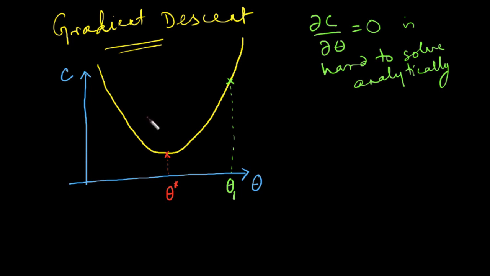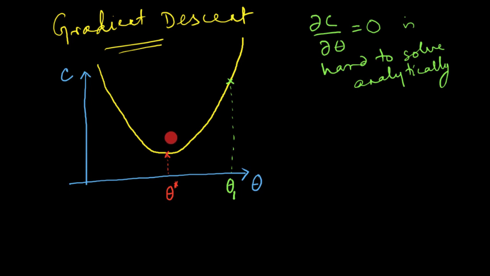Okay. So now instead of doing a visual inspection, can we write a mathematical function that will tell us whether we should now move to the left of theta 1 or the right of theta 1? And the answer is yes, and that is again provided by this derivative of c with respect to theta.